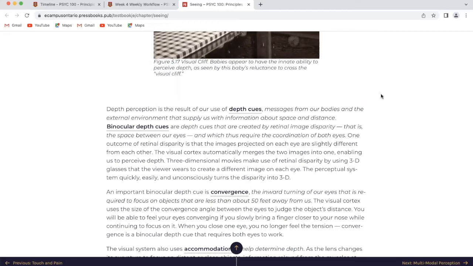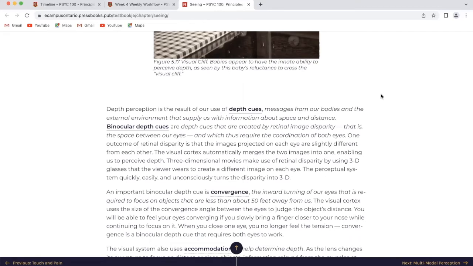The visual cortex automatically merges the two images into one, enabling us to perceive depth. Three-dimensional movies make use of retinal disparity by using 3D glasses that the viewer wears to create a different image in each eye. The perceptual system quickly, easily, and unconsciously turns the disparity into 3D.